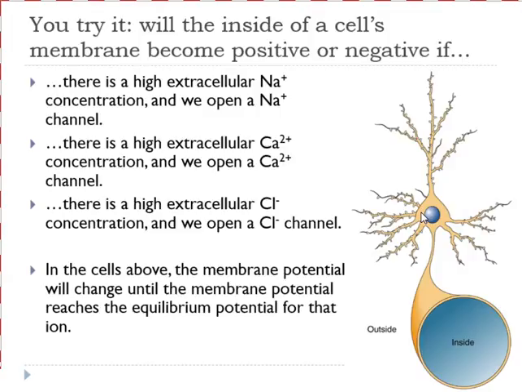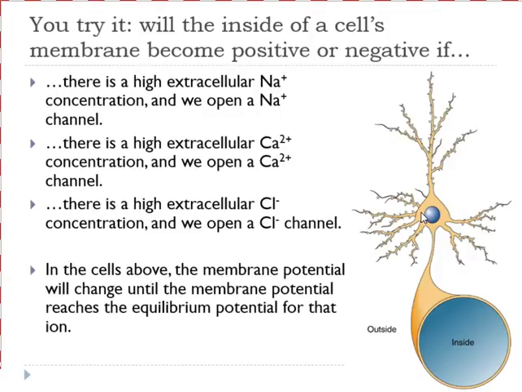These are negatively charged ions, so they'll make the inside of the membrane more negative, which conversely makes the outside more positive, because they're little negative charges going in. They'll keep going in until the membrane potential gets so negative that it starts to repel them, and they're attracted out by the electrical gradient at the same rate at which they're moving in on the concentration gradient.